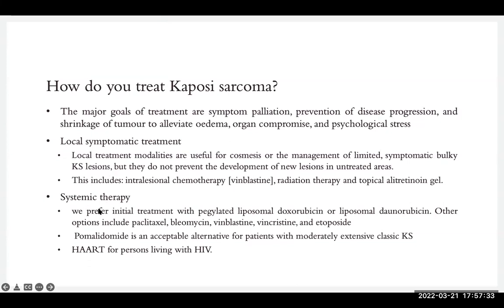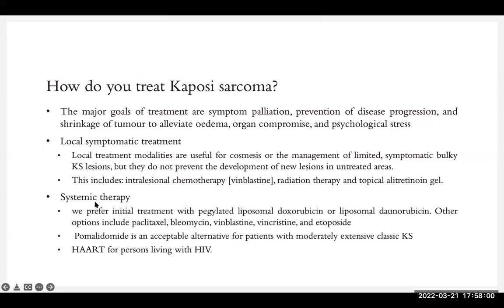For systemic treatment, now these are the patients who are in the poor risk group, especially if this is related to the epidemic Kaposi Sarcoma. And also, when you have rapidly progressing disease, now you're getting to stage 4, then you tend to do the systemic therapy.